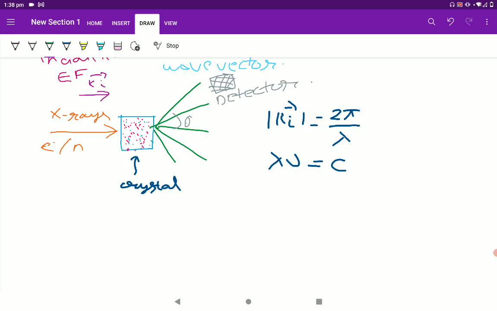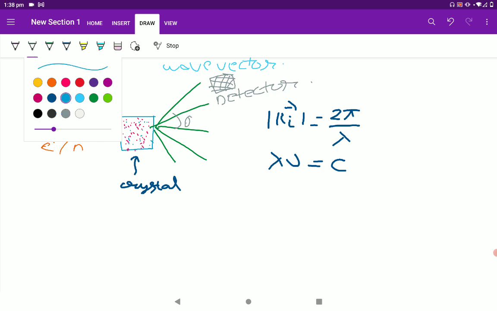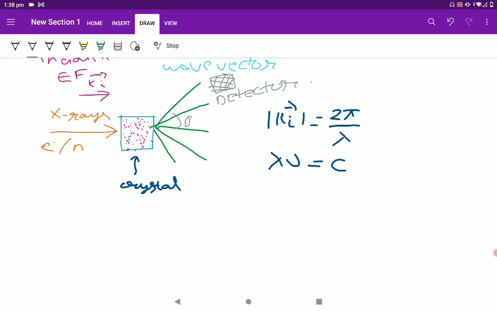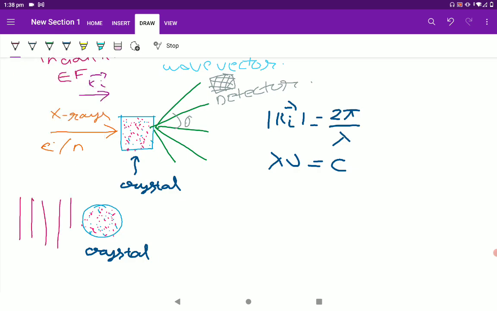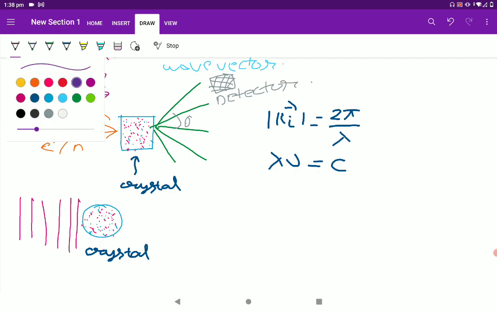Suppose this is our crystal, and we have transverse waves, and the wave vector has this direction.